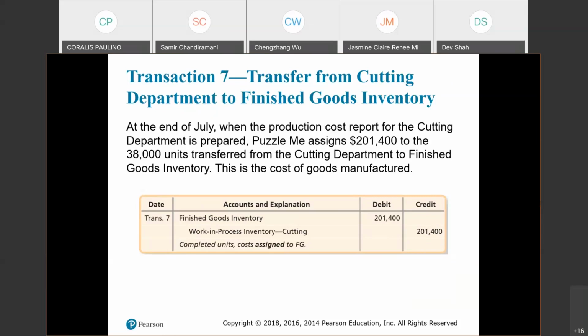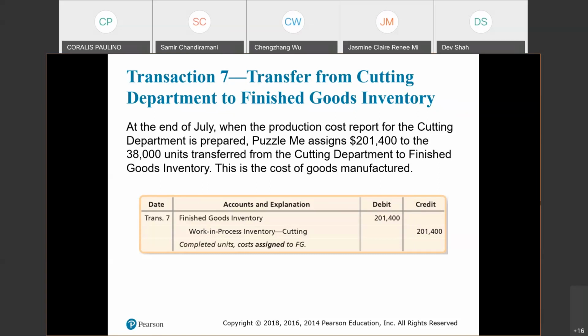Well, and similarly, let's see how to transfer the fully completed units from the cutting department to the finished goods inventory account. Well, it's very similar to transaction 6. It is just a transfer between two different asset accounts.